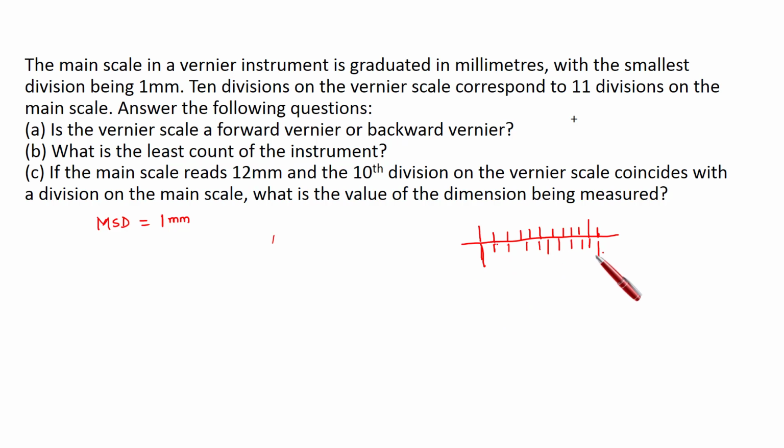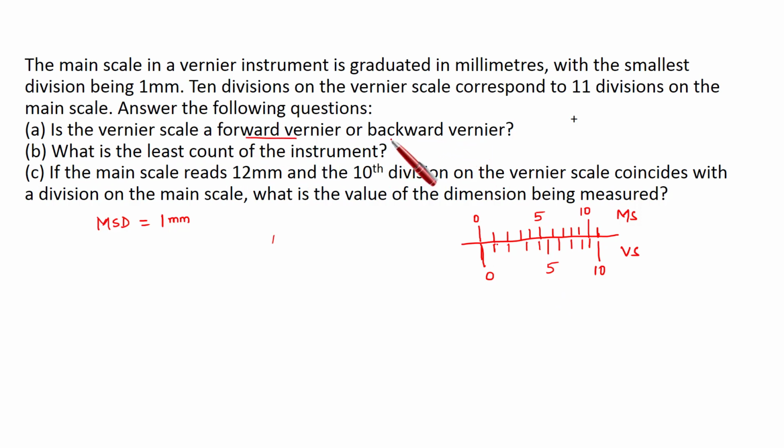So there are total 10, 0, 5, 10, and this is 11, right? This is 5, 10, and this one is 11. So this is main scale and this is vernier scale. Now first of all the question is, is the vernier scale a forward vernier or backward vernier?